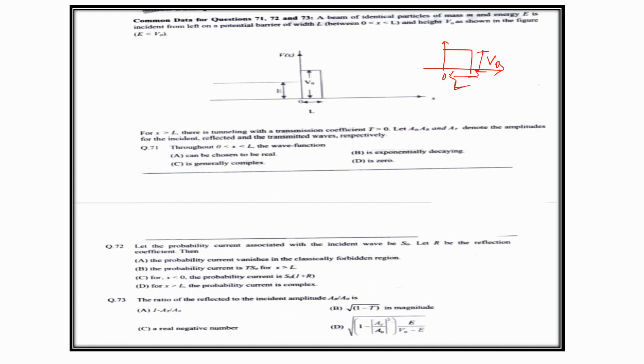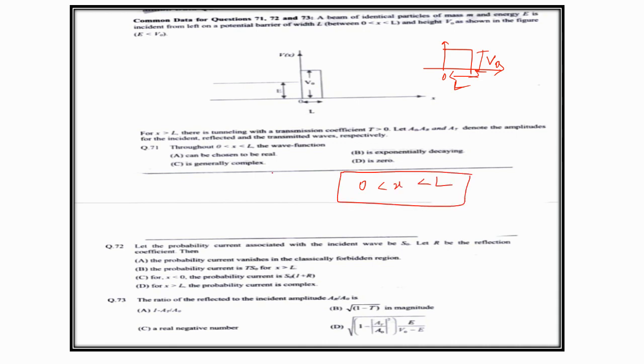For x greater than L, there is a tunneling with the transmission coefficient this, and A I, A R, A T describe the amplitude of the incident, reflected and transmitted waves respectively. Now for 0 to x to L.